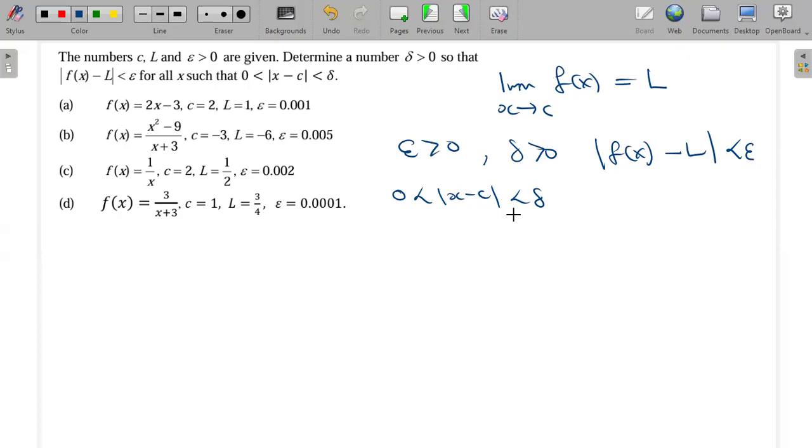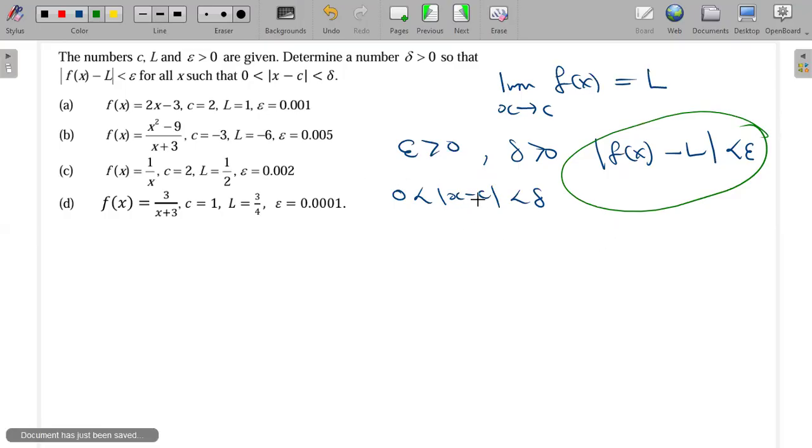So we start first with the inequality. Our starting point is here, and then we work algebraically, manipulating things so that we are able to isolate x minus c. Then when we isolate that, we will be able to find the delta which we are looking for.